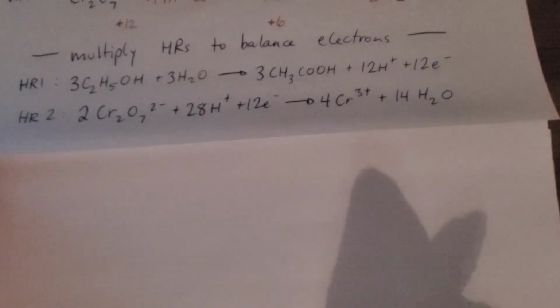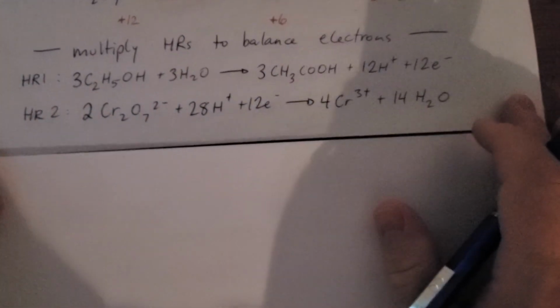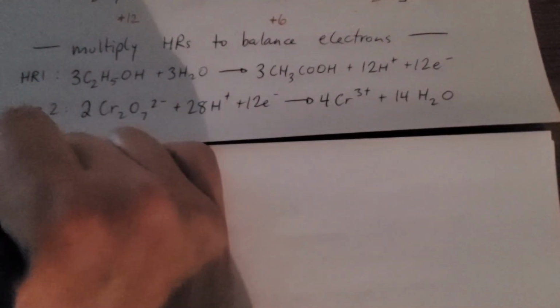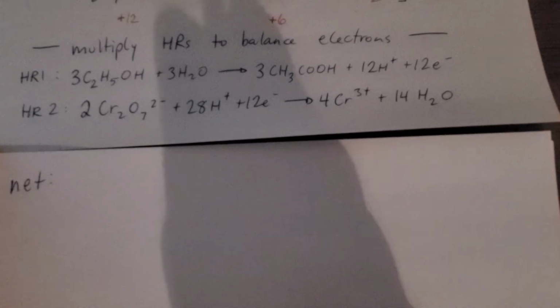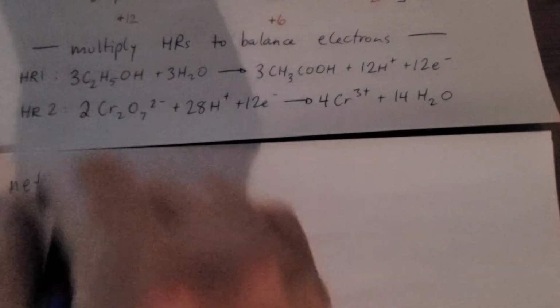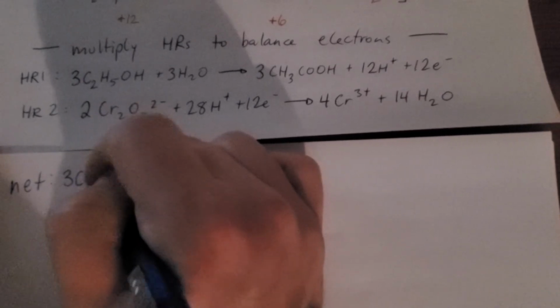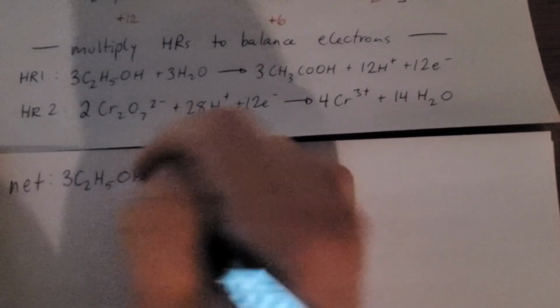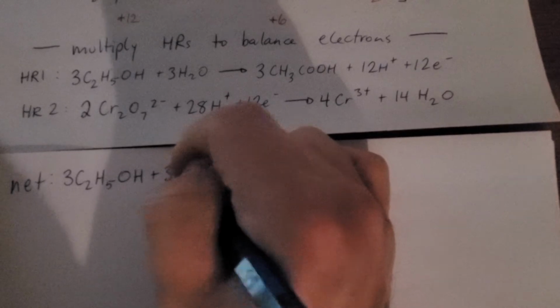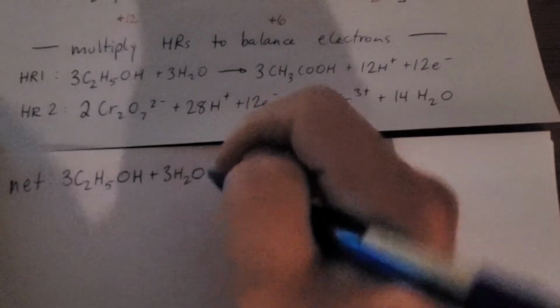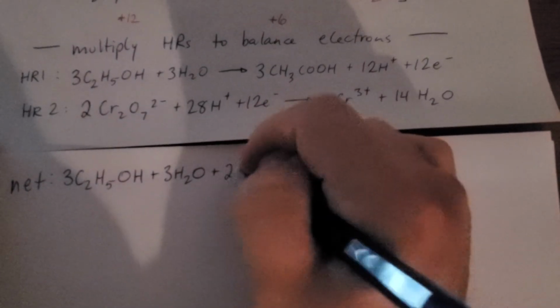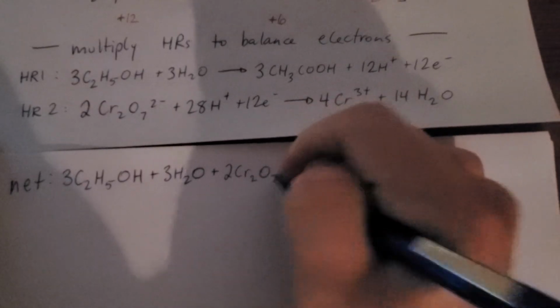Okay, so that's looking pretty good. Now we just bring them together. There'll be some things to cross off, and we'll get our net redox reaction. So you could efficiently do this by crossing things off before you bring it all together, but I'm just going to smoosh everything and then figure it out when the dust settles.